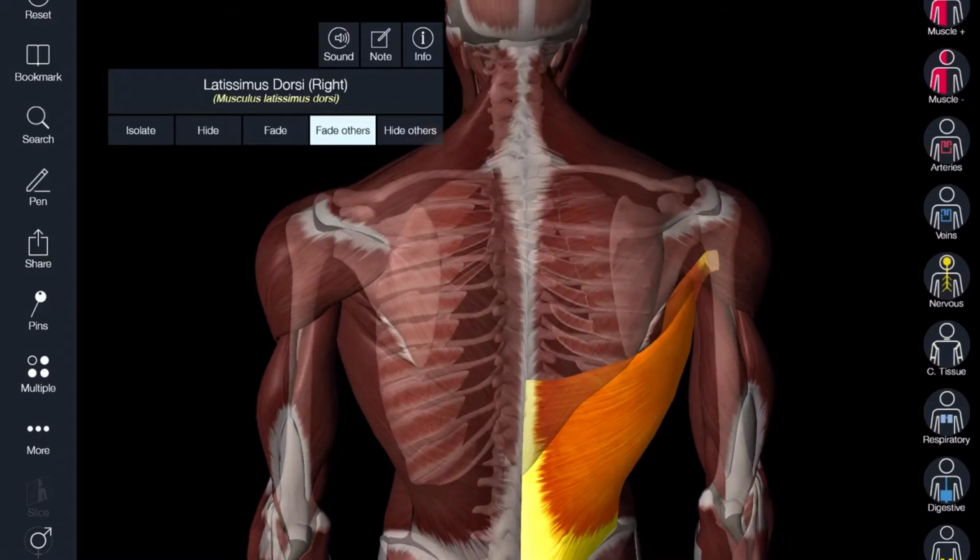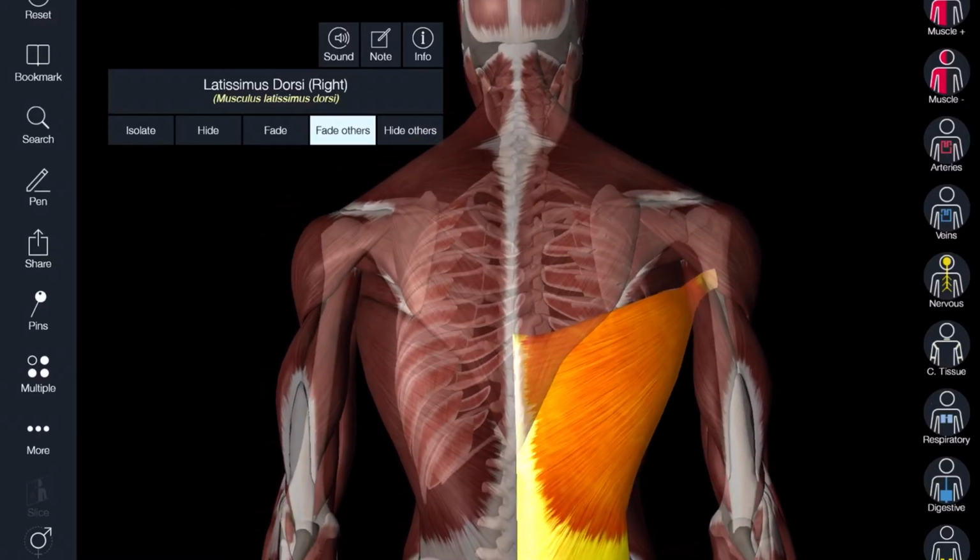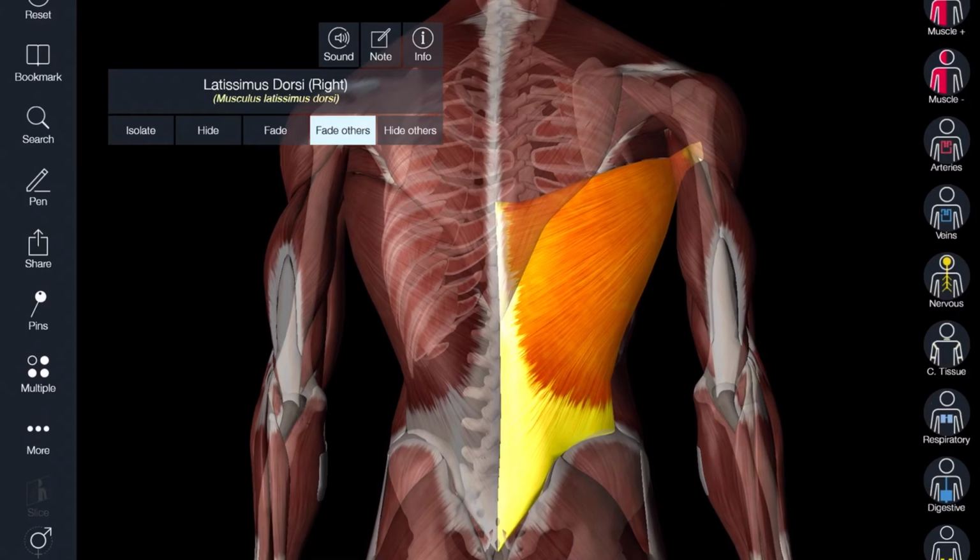Trapezius was coming down all the way to T12. Latissimus dorsi begins at T7, so they overlap a few vertebrae there. So the spinous processes of T7 down to L5, so through the entire lumbar region. There are 5 lumbar vertebrae, and Latissimus dorsi attaches to all of those, and it's the spinous processes.